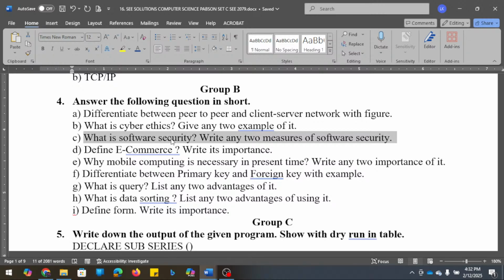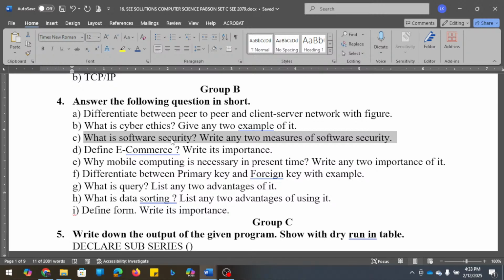What is a query? List any two advantages of it. Query is an object in MS Access, and it is used to access the information easily.